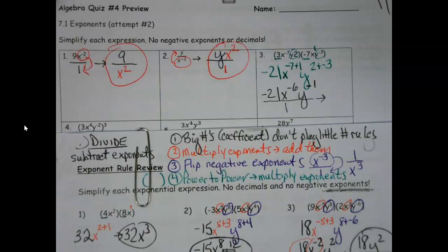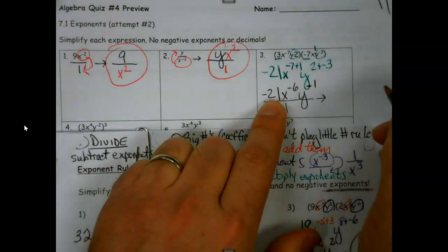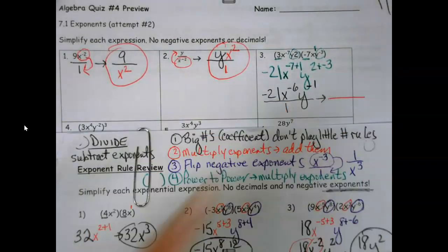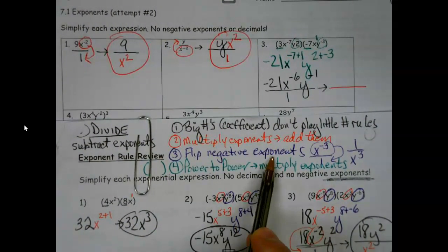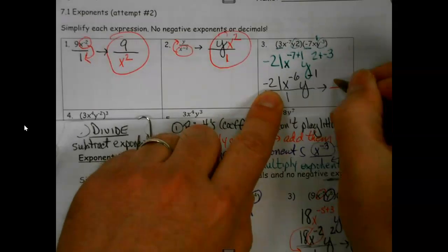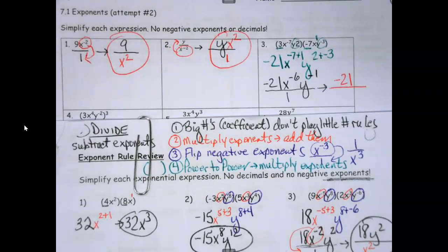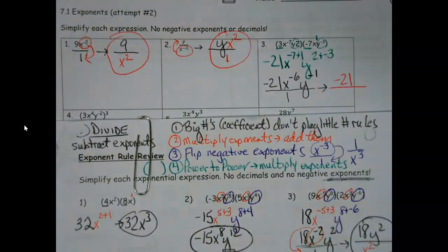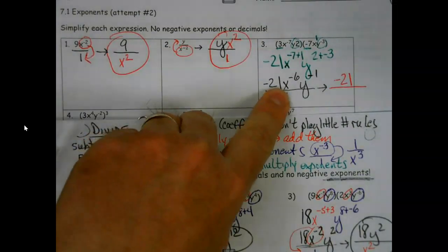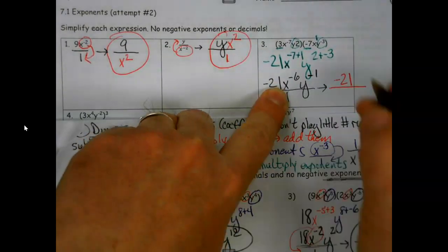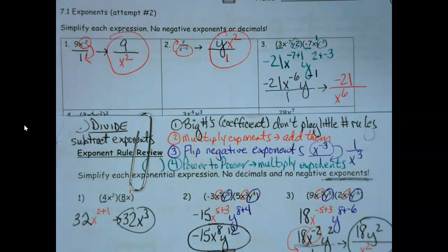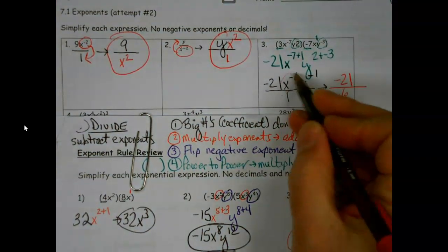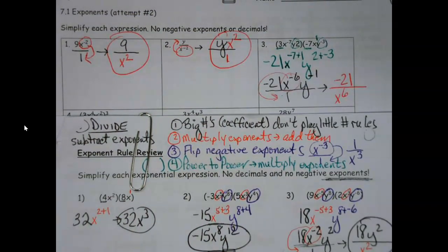So I get here and I go, okay, well, that's negative. I need to flip it. No. We flip negative exponents. That's not a negative exponent. Leave the negative 21 alone. But if it's something that has a negative exponent on it, it is going to be happier if we flip it. So this, whoop, down to the bottom.